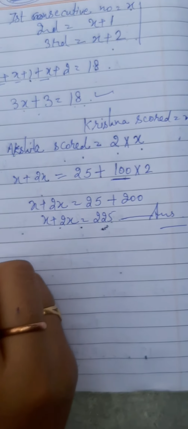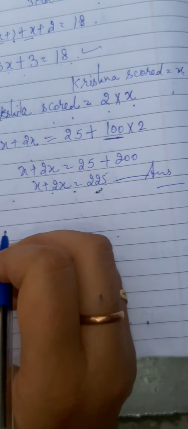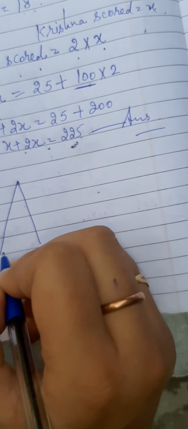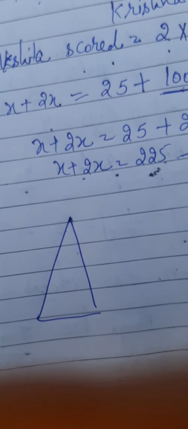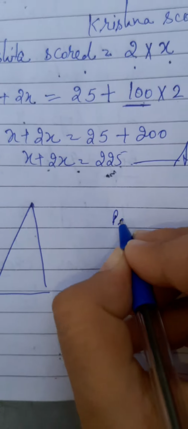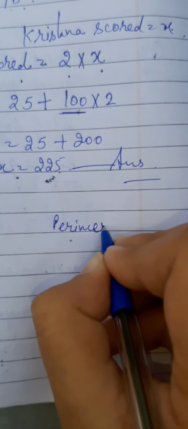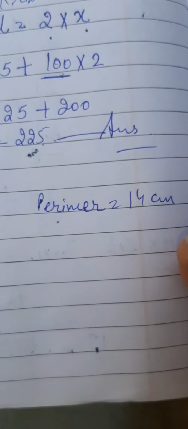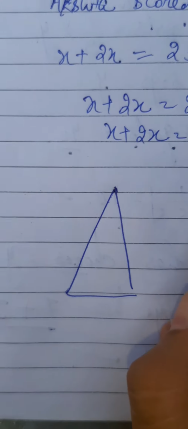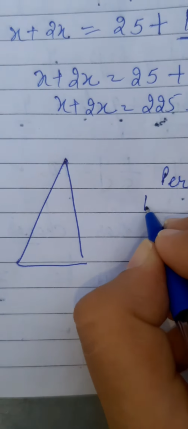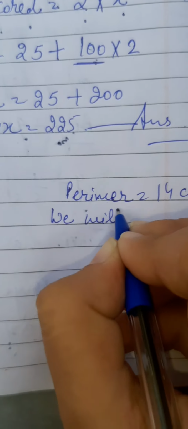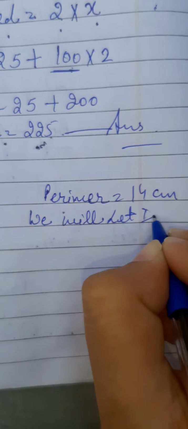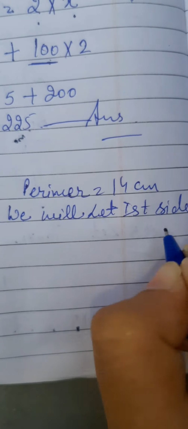Okay, now last is the perimeter of a triangle. This is a triangle. The perimeter of the triangle is 14 centimeters. Second side is 5 less than first side. So we will let first side be x.